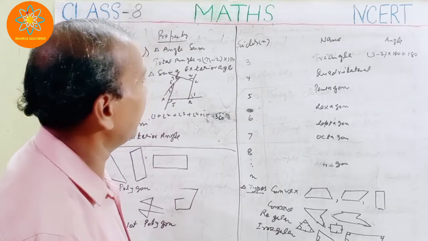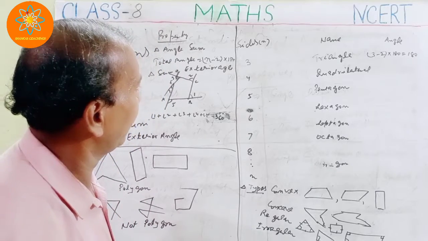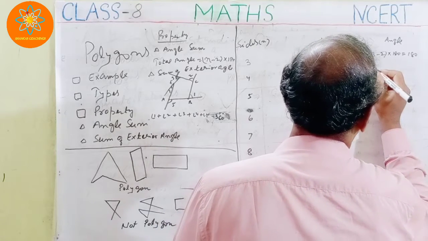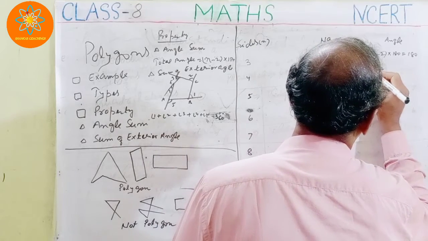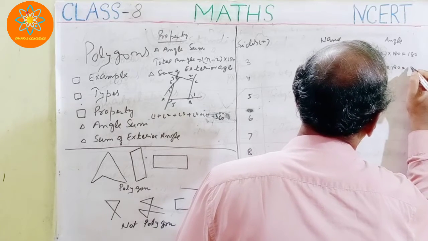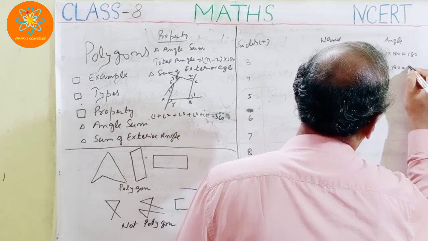Now if I take the quadrilateral, the sides are 4. So this is 4 minus 2 into 180. So it is equal to how much? 360.